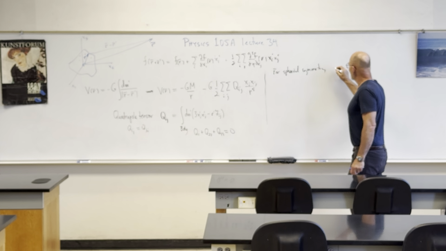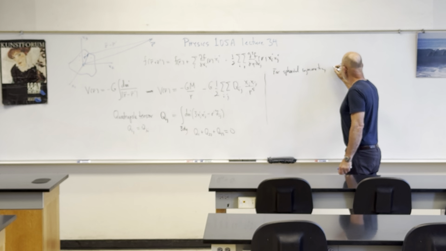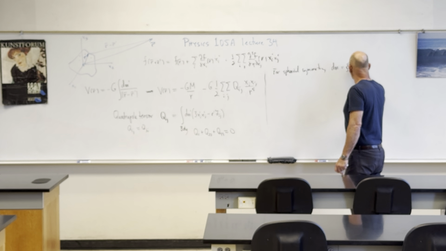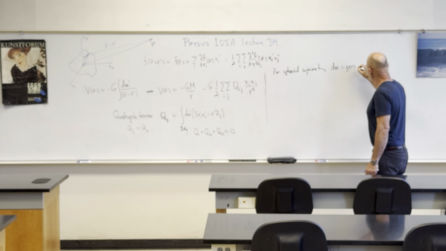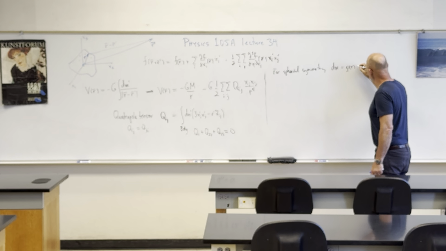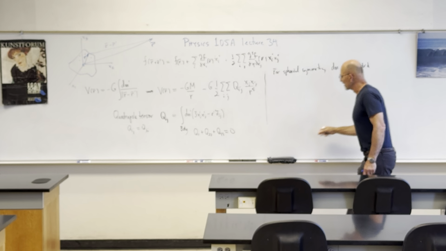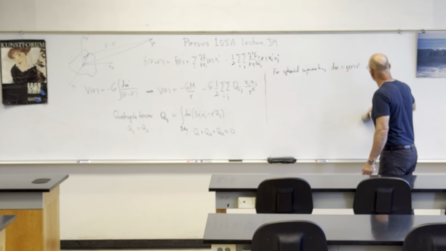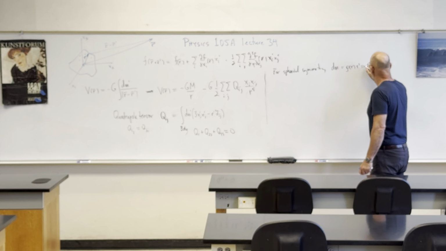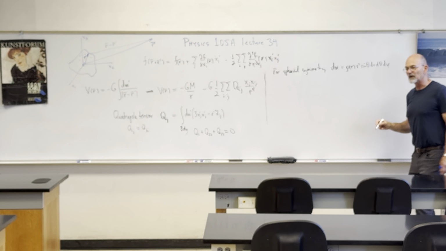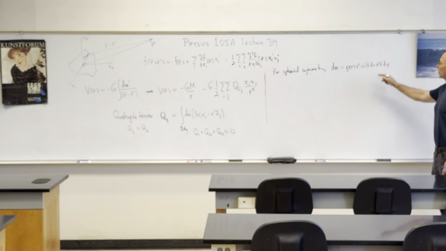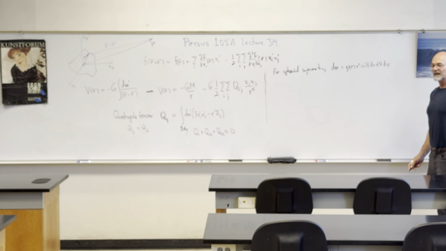Spherical symmetry, we have dm is equal to rho of r times the volume element, which will be r squared sine theta dr d theta d phi, if we go to spherical polar coordinates. I think this is pretty much the last thing we had on the board last time, right?